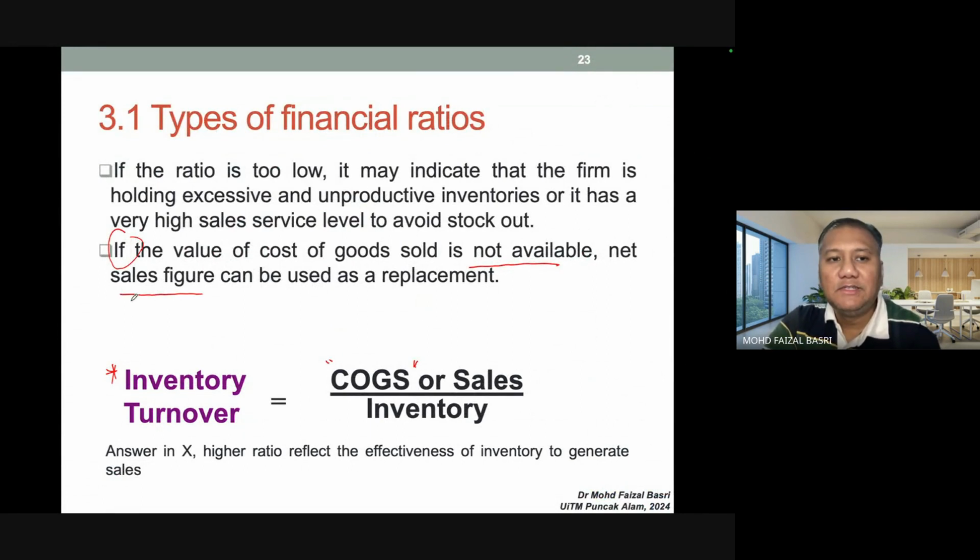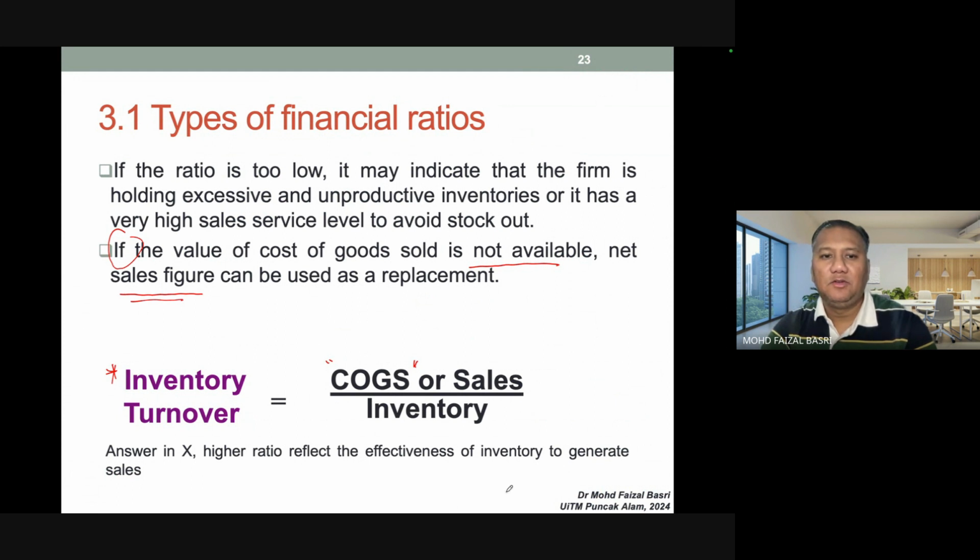Kita boleh guna sales figure dengan syarat kalau tak ada cost of goods sold in the question. But if we have the information, please use cost of goods sold. Ataupun sometimes they use the terms cost of sales.